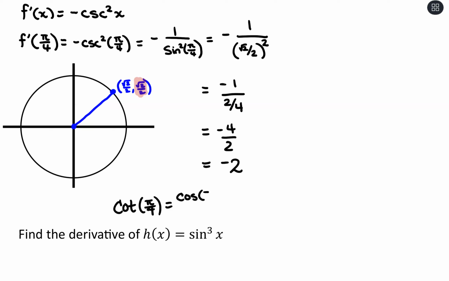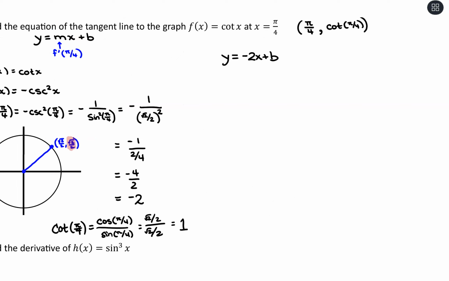So we're taking cosine of pi over 4 over sine of pi over 4, which is just going to be a root 2 over 2 divided by root 2 over 2, and we're getting a 1 out. So our y coordinate for cotangent is going to be a 1. So we have a coordinate pi over 4, positive 1, and we're going to plug that in for x and y.